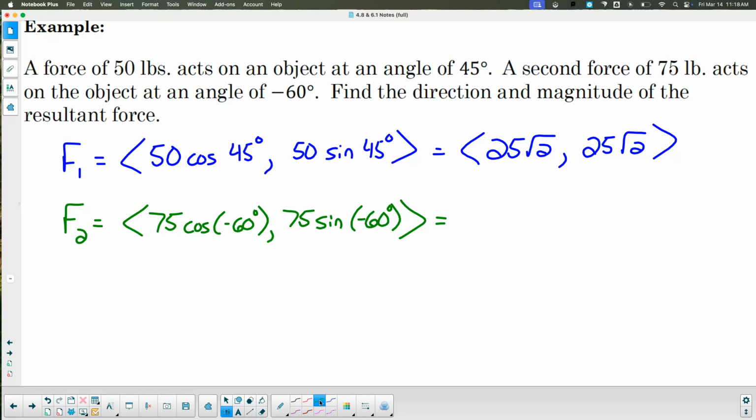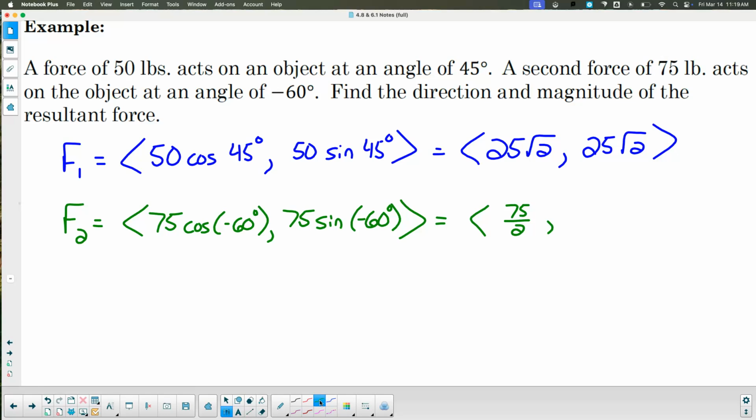300 degrees, right? Okay. So the cosine at negative 60 degrees is 1/2. So then this is going to be 75 over 2.